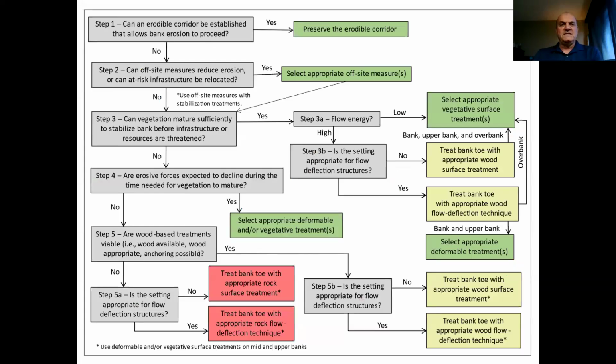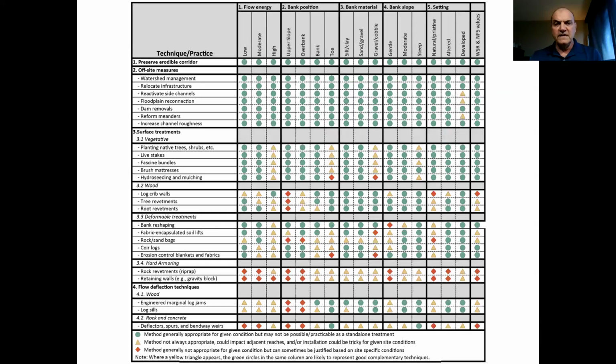But let's look at a couple of examples. I think Risa may have sent these handouts to you earlier, or they might be available in the chat box, or there might be a folder associated with the talk where these two handouts are located, the flow chart that I showed earlier and the technique prioritization table, let's call it.